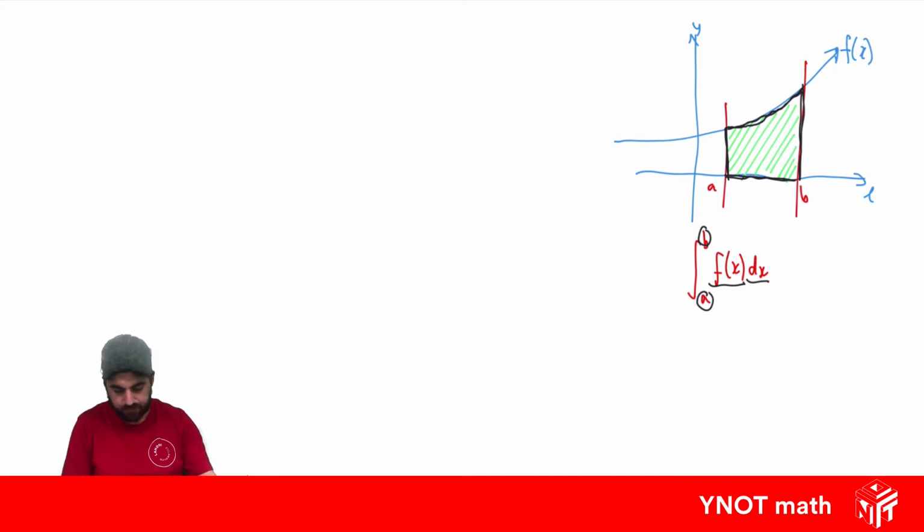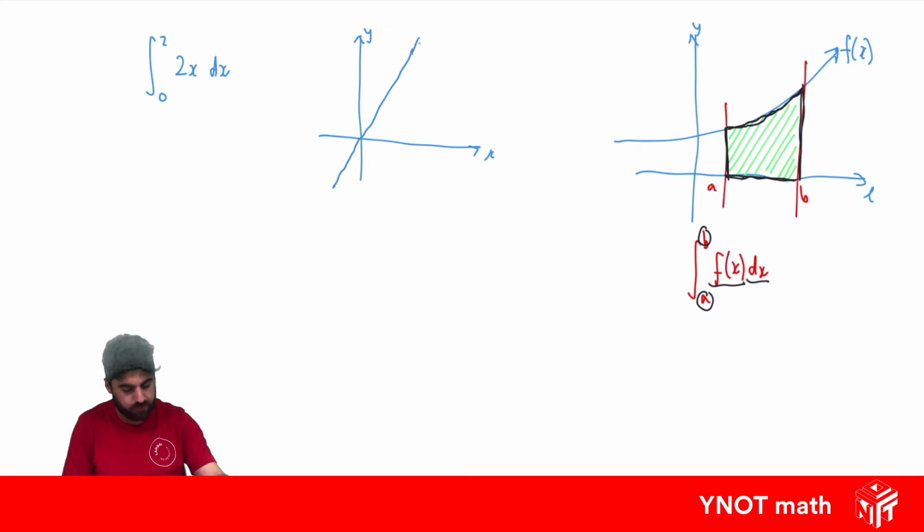Let's look at the integral from 0 to 2 of 2x dx. Let's draw a diagram to see what's going on. So we've got our xy axis, and let's graph y equals 2x. That's just a straight line going through the origin with a gradient of 2.